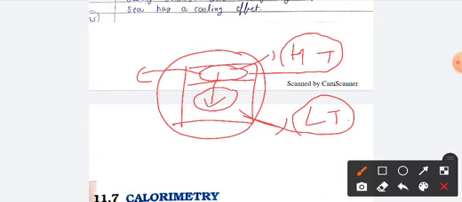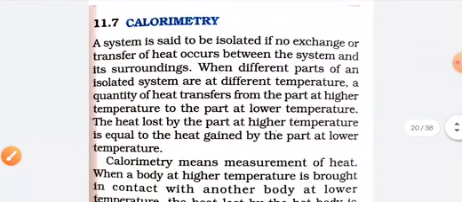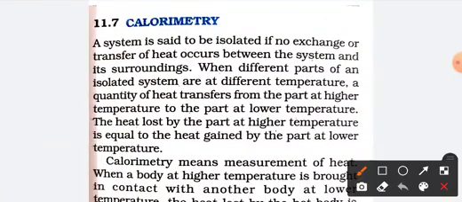All the heat is going to transfer within this system only. So whatever heat is released by the upper part, that equal amount of heat will be gained by the lower part. And this is called the principle of calorimetry, that the heat lost by the part at a higher temperature is equal to the heat gained by the part at the lower temperature.